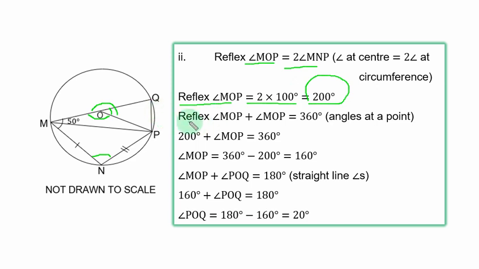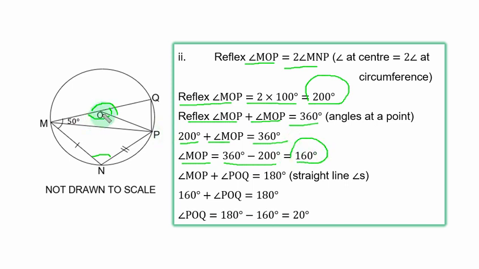Now, the reflex angle plus the obtuse angle, the sum is equal to 360 degrees. So you have 200 degrees plus angle MOP, the sum is equal to 360 degrees. Angle MOP is equal to 160 degrees.